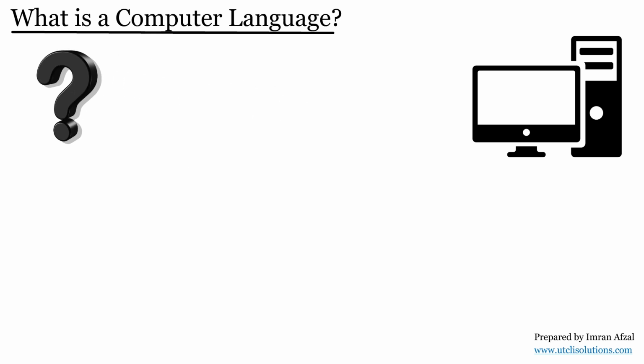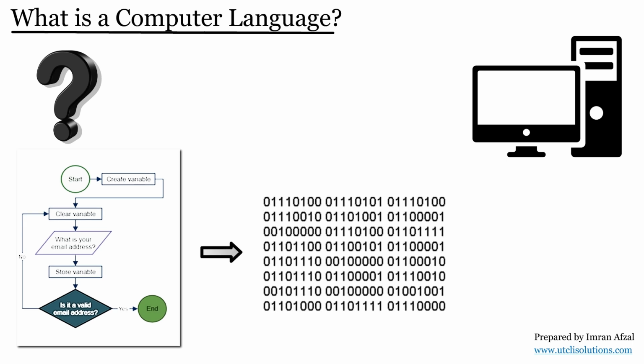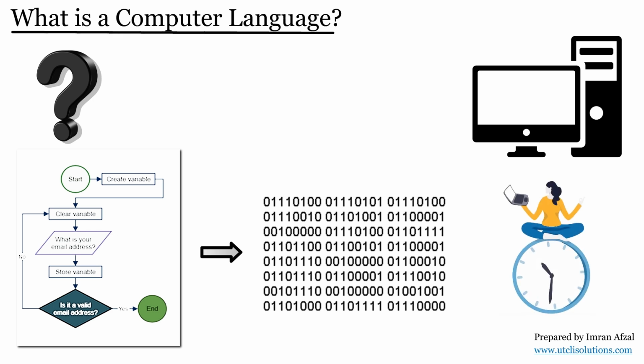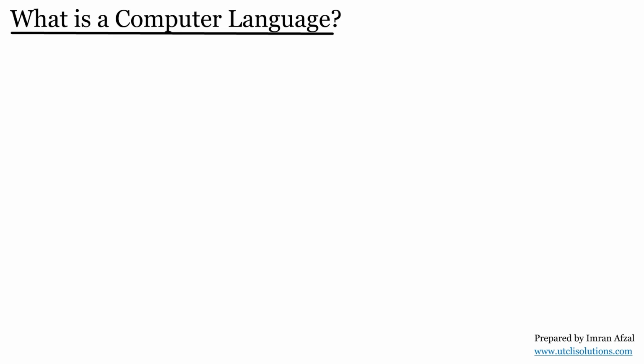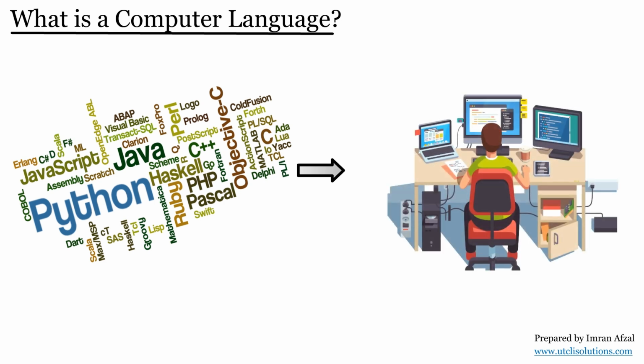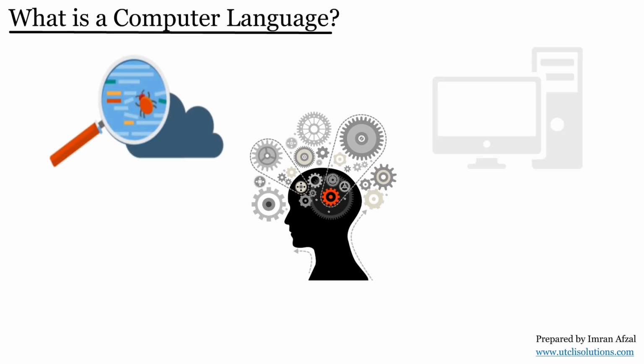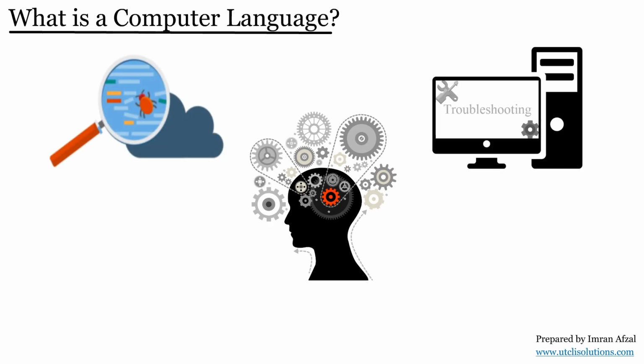It is indeed possible to write programming code directly in binary language, but it would be very tedious and time consuming. The reason we use these programming languages is that they enable us to write code in a manner that is more accessible for humans to understand, debug, and of course, troubleshoot in case there is an issue.